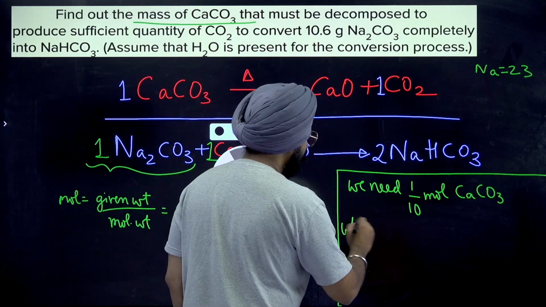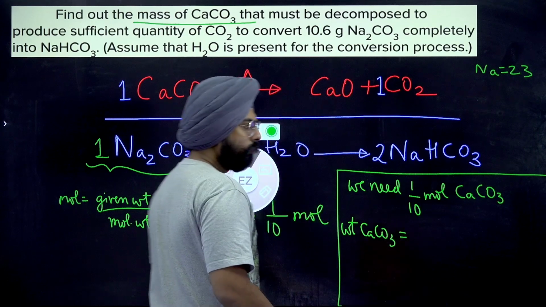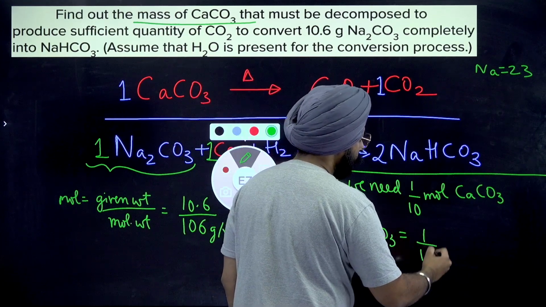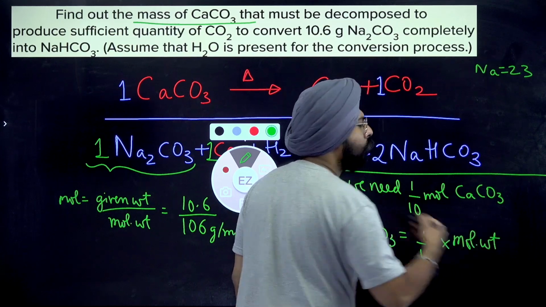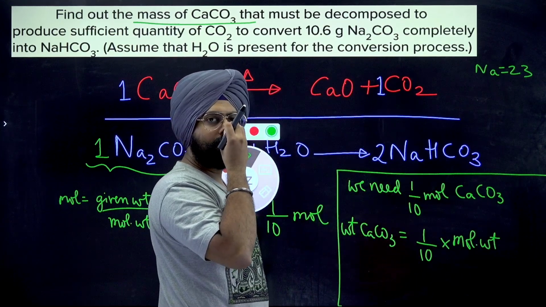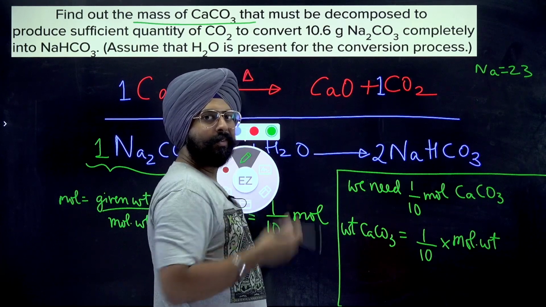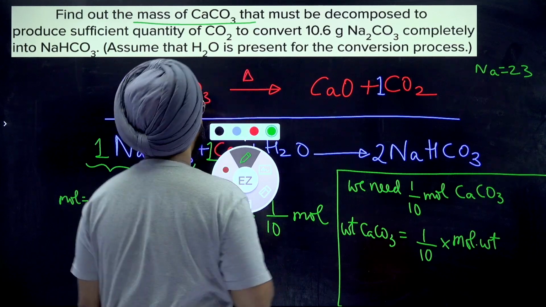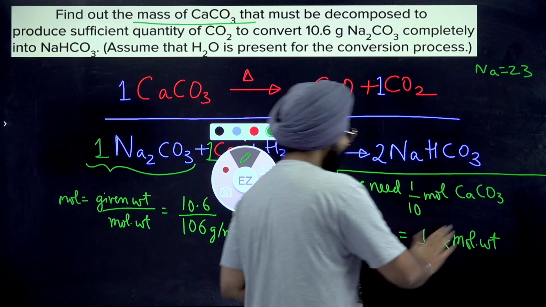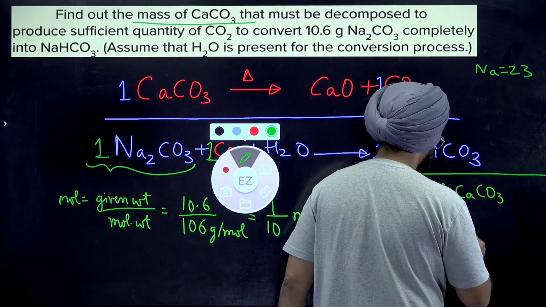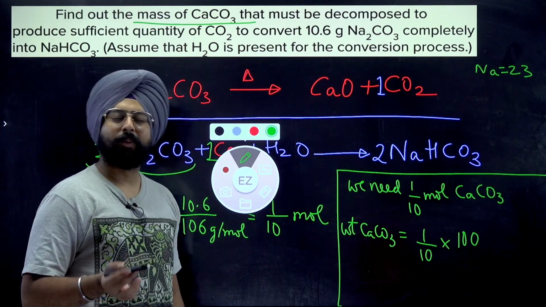Basically, weight of CaCO3 needed will be equal to number of moles of CaCO3 into molecular weight or molar weight of CaCO3. What's the molar weight of CaCO3? Calculate it. CaCO3, what's the molar weight? Very simple. 100. Calcium carbonate, the weight is 100.